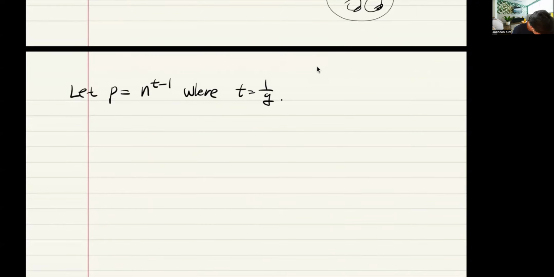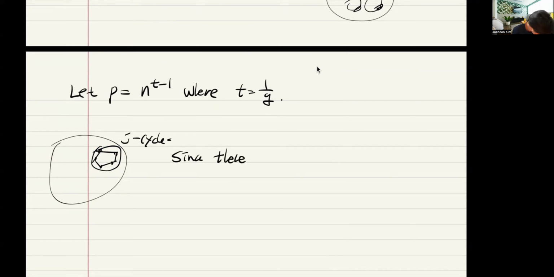Then, consider the possibilities for each j-cycle: you choose j vertices, and they could induce a j-cycle. We can count the possible occurrences of j-cycles; there are at most n to the j divided by 2j.